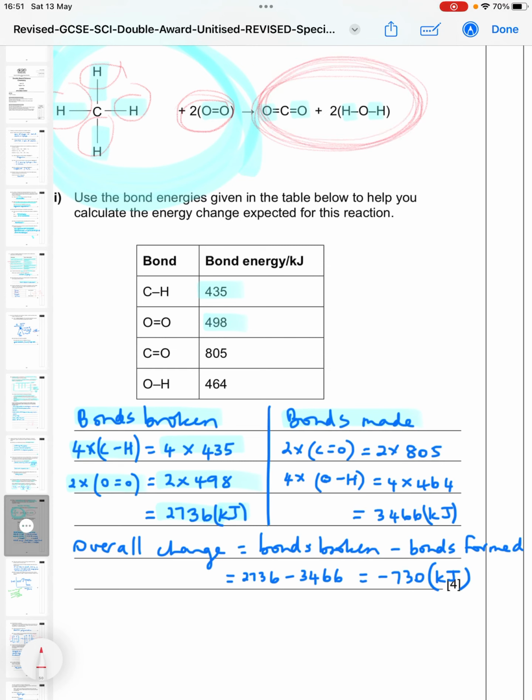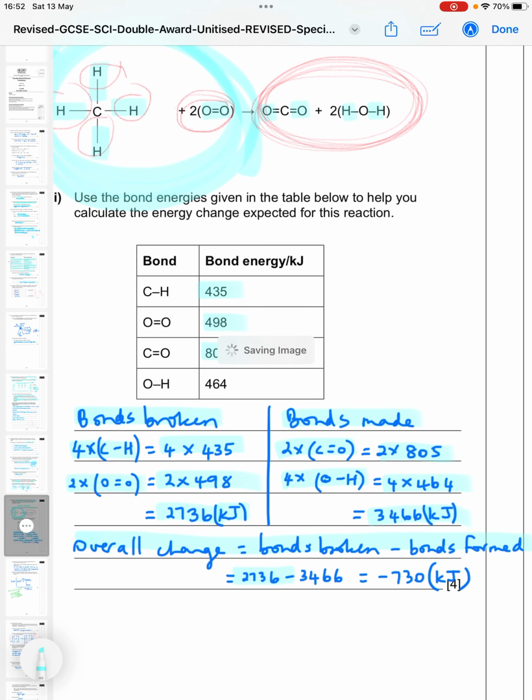So on the other side, we've got 1 carbon dioxide molecule and 2 water molecules. So in the carbon dioxide, we have 2 of these carbon to oxygen double bonds, so 2 times 805. And then in the water, there are 2 molecules of water, so there are actually 4 of the oxygen to hydrogen bonds, so 4 times 464, and that gives a total of 3466 kilojoules.